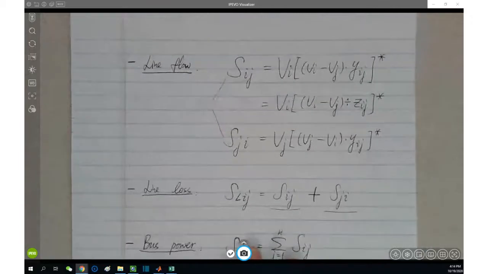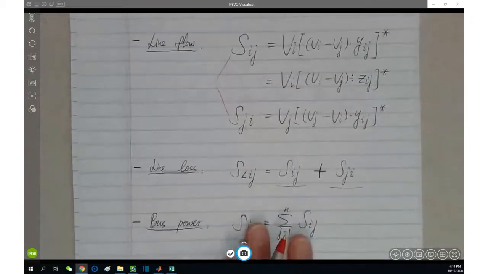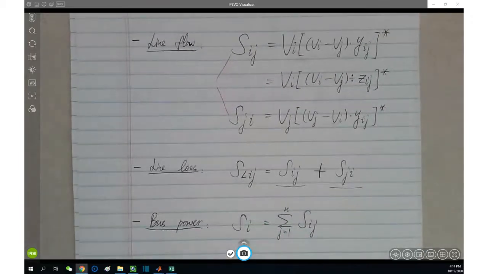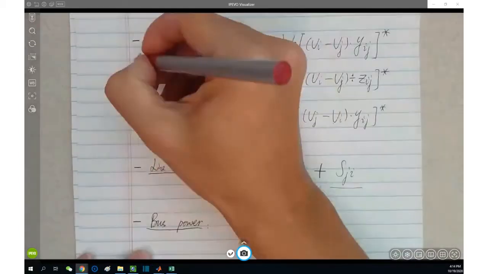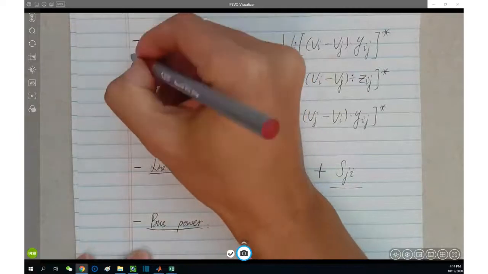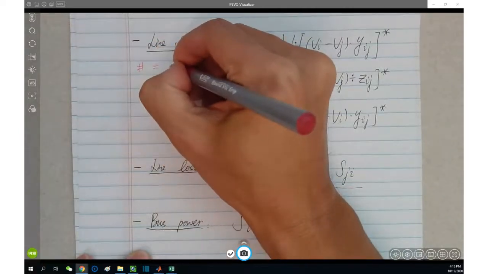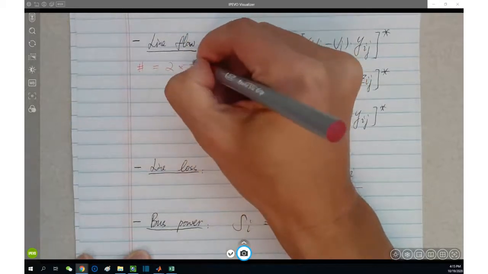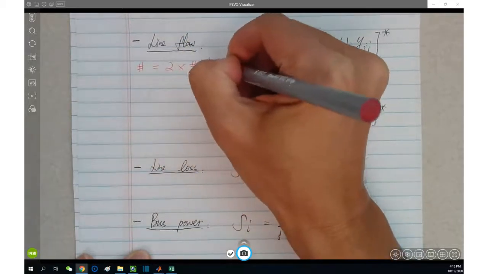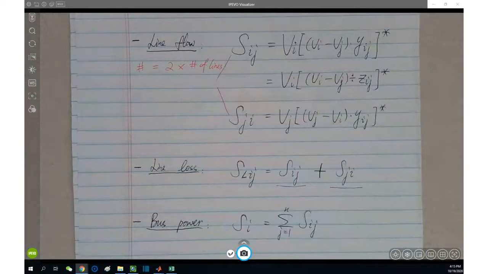But generalized line flow, how many? Wouldn't it be 2 multiplied by however many lines there are? Very good. The number equals 2 times the number of lines. How many do you need to solve?